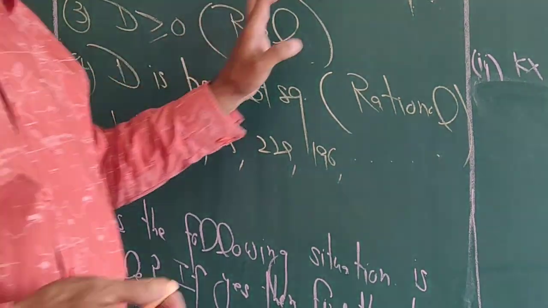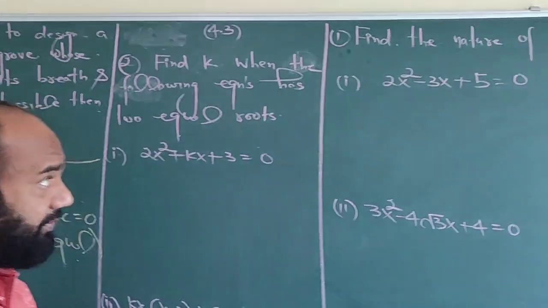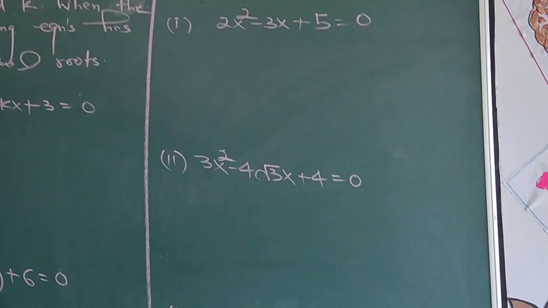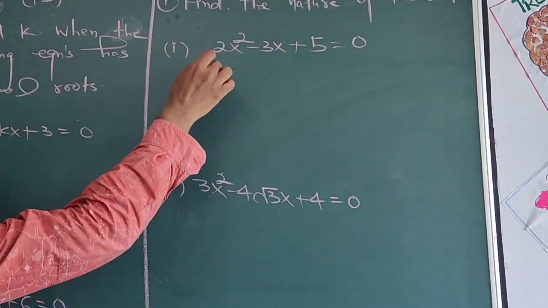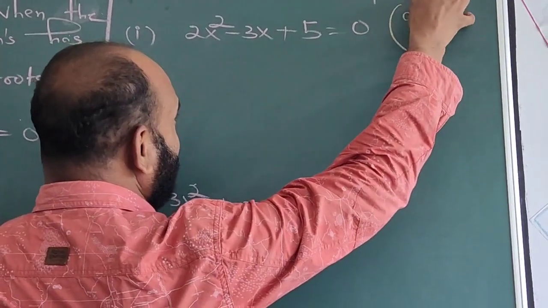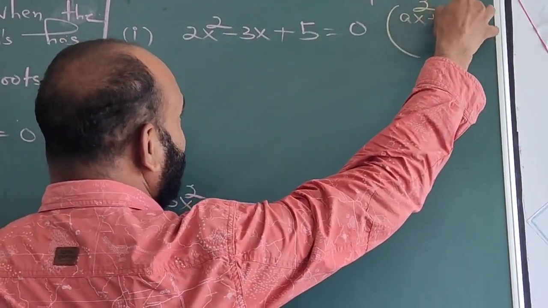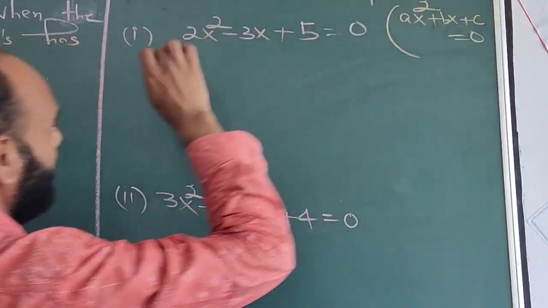Now we start the first question of this exercise, which is to find the nature of roots. The first question is 2x square minus 3x plus 5, and we compare it with the standard form of quadratic equation ax square plus bx plus c equal to 0.